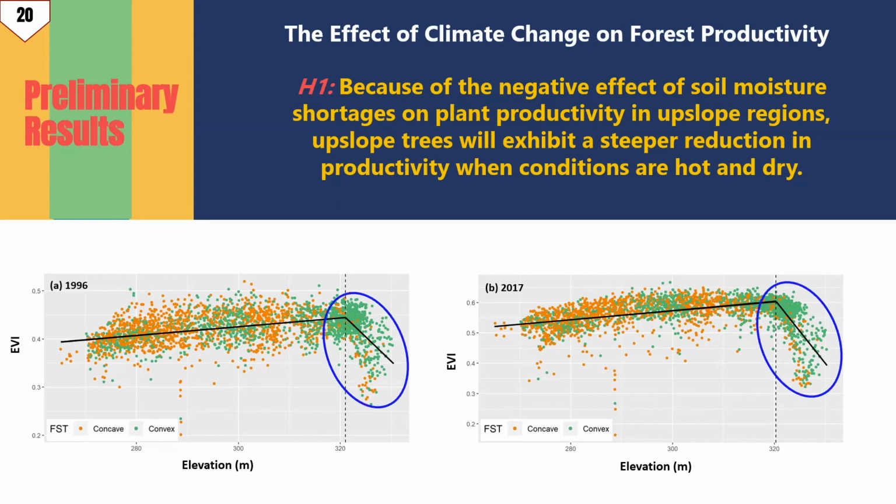When the climate gets hotter in 2017, productivity exhibits a sharp reduction at a slightly lower elevation as compared with a wetter climate in 1996, inside the blue circle. And this 1.2-meter decline in elevation at which the breakpoint occurred in 2017 was followed by a steeper decrease in productivity than in 1996.